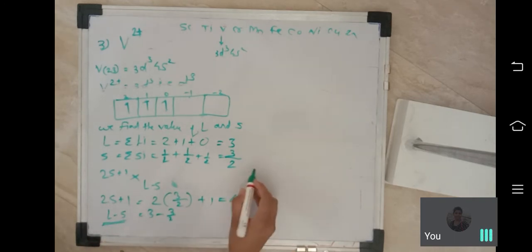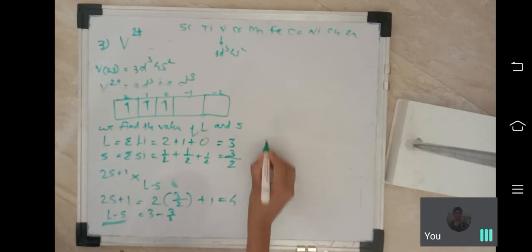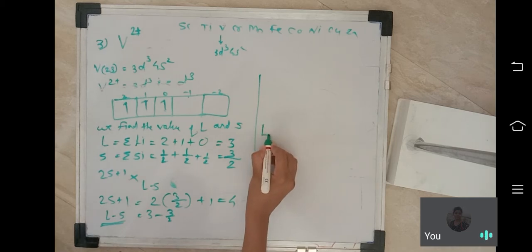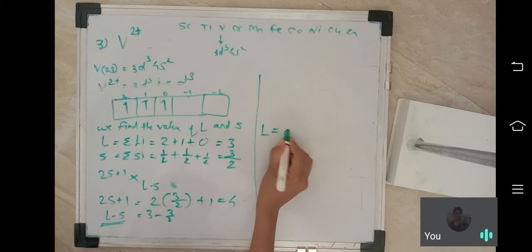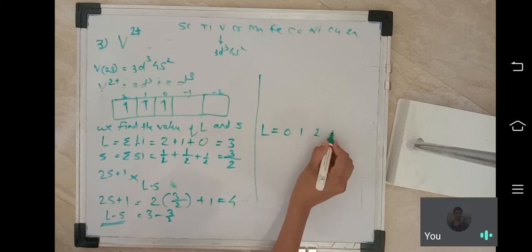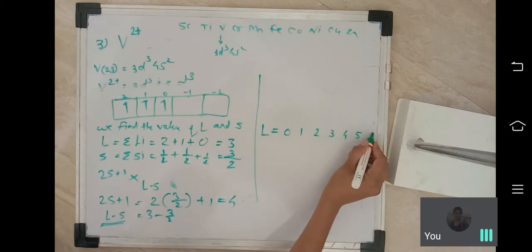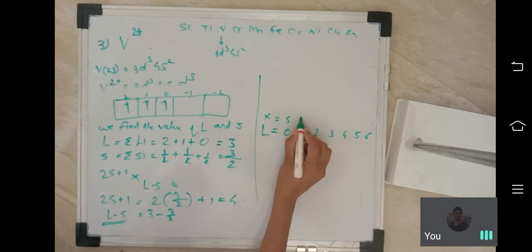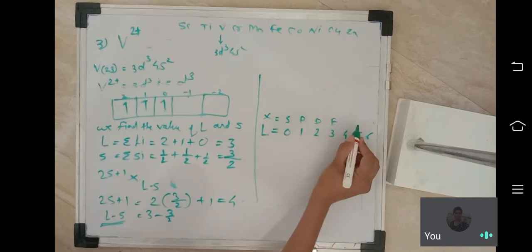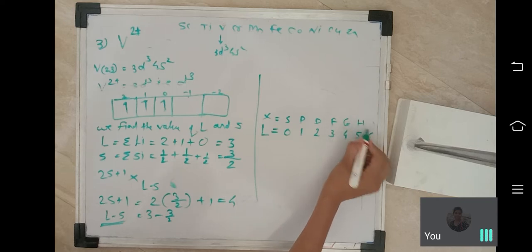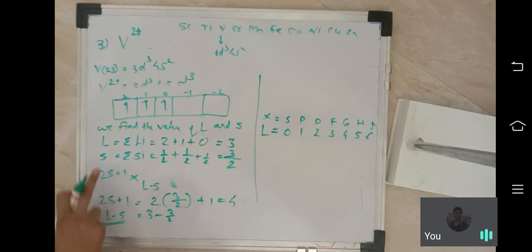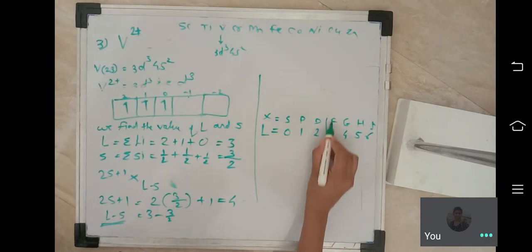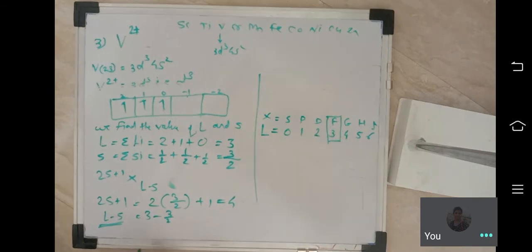Then L is equal to 0, 1, 2, 3, 4, 5, 6 and X is equal to S, P, D, F, G, H, I. Here the value of L is 3, so we take F as the ground state term.